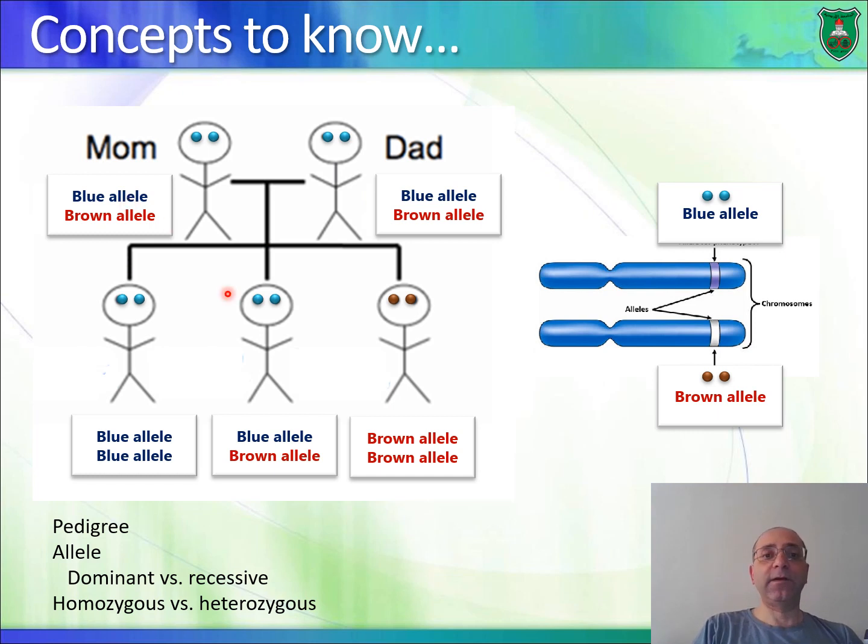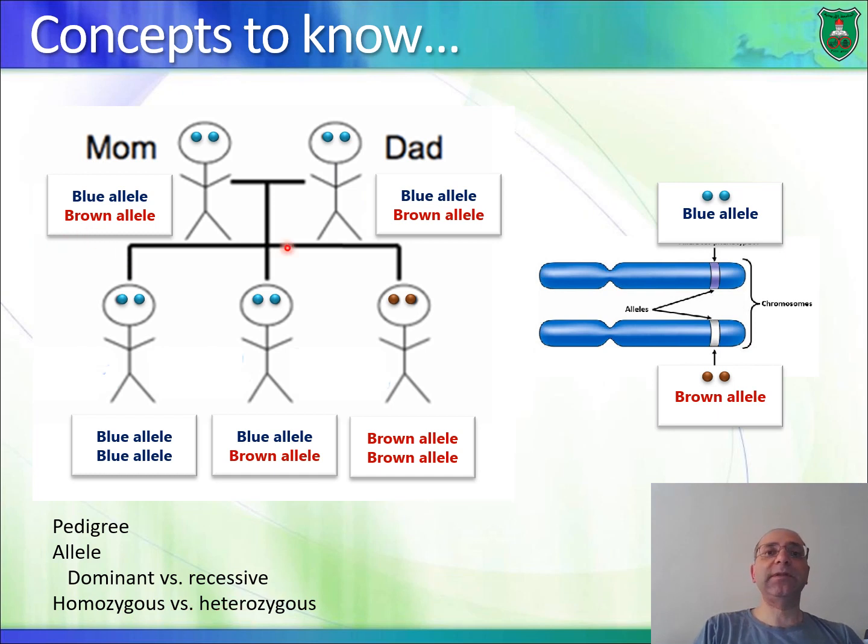Now, if a person has the same alleles for the eye color gene, then the person is what we call homozygous. So homo means same, hetero means different.